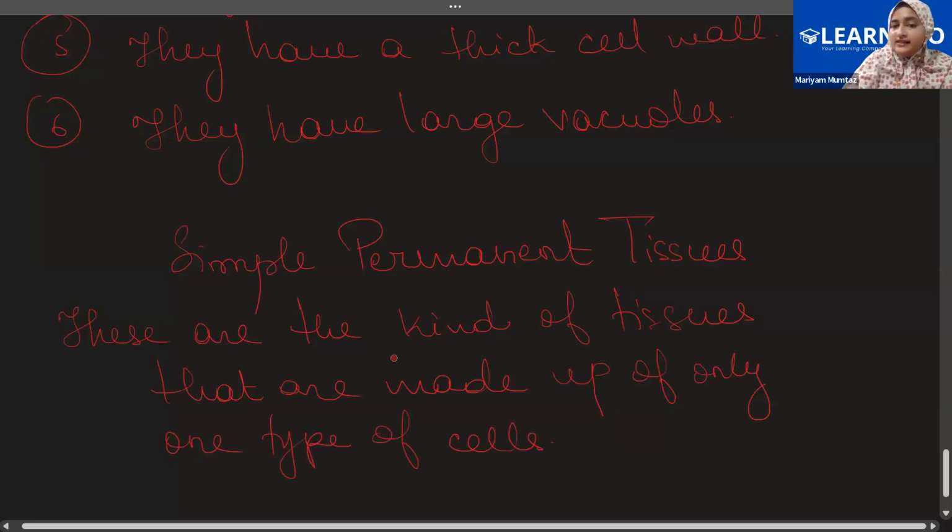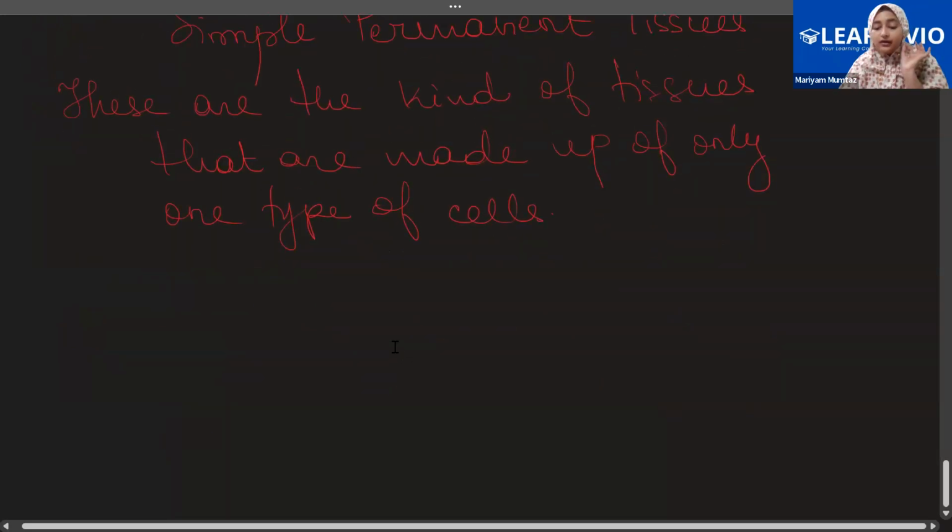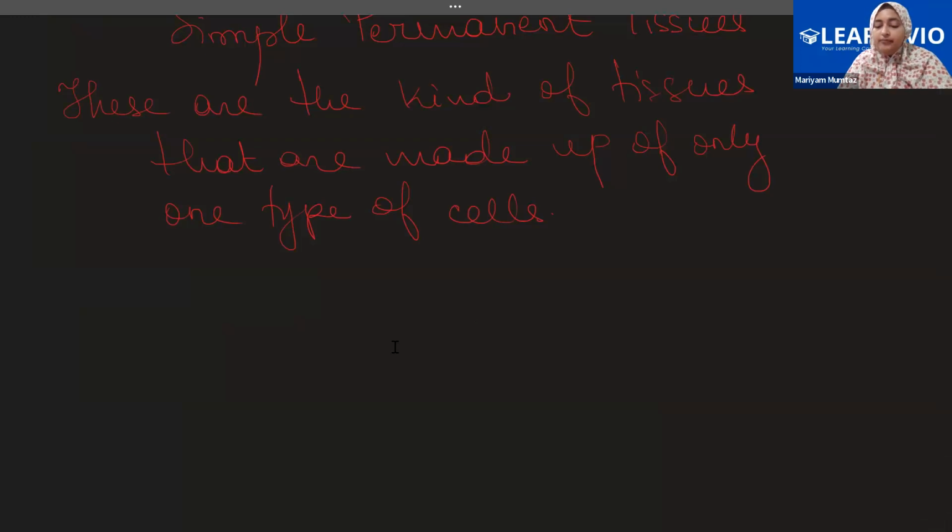All the cells present in the simple permanent tissue are of one similar type, like their type is common. This is a fixed thing about them. Apart from that, another thing to remember is that all of the cells making up this tissue have a similar function or set of functions to perform. Clear? Yes, ma'am. Any doubts? No, ma'am. All right. Okay.